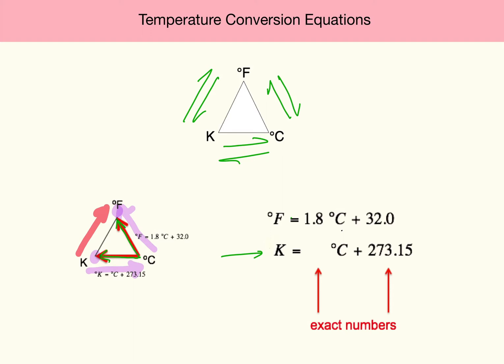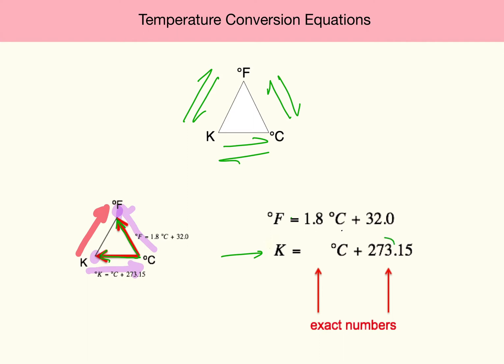One more quick comment about the precision of these numbers. The numbers 273.15, 32.0, and 1.8 are exact numbers. So if you use those numbers in an equation, then you can ignore them when you're determining the number of sig figs in your answer.